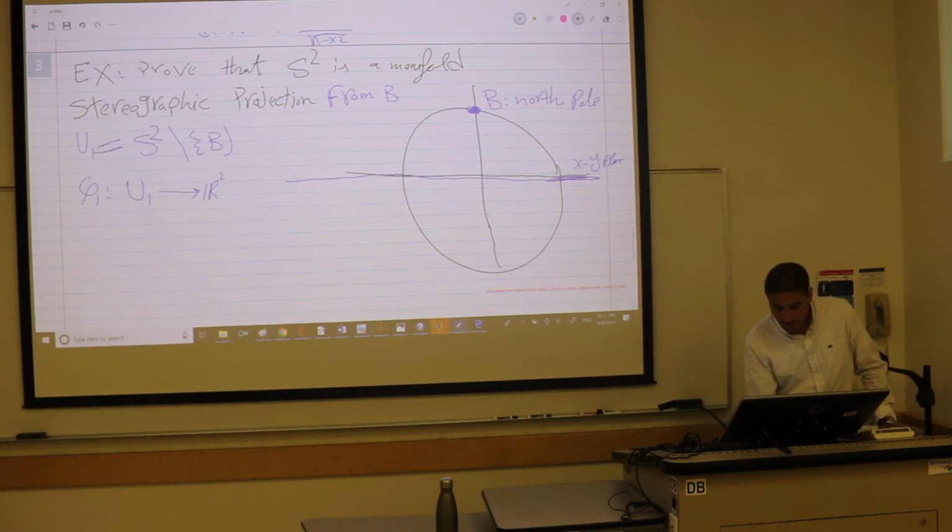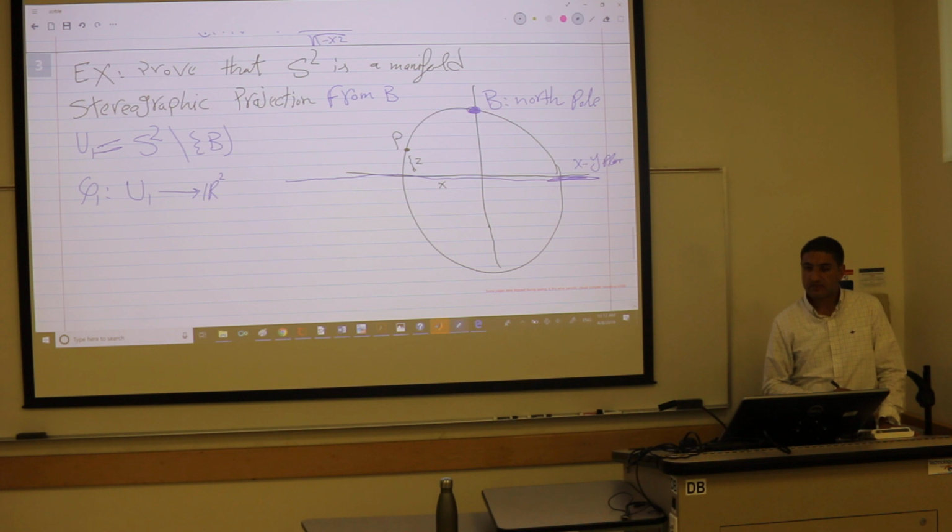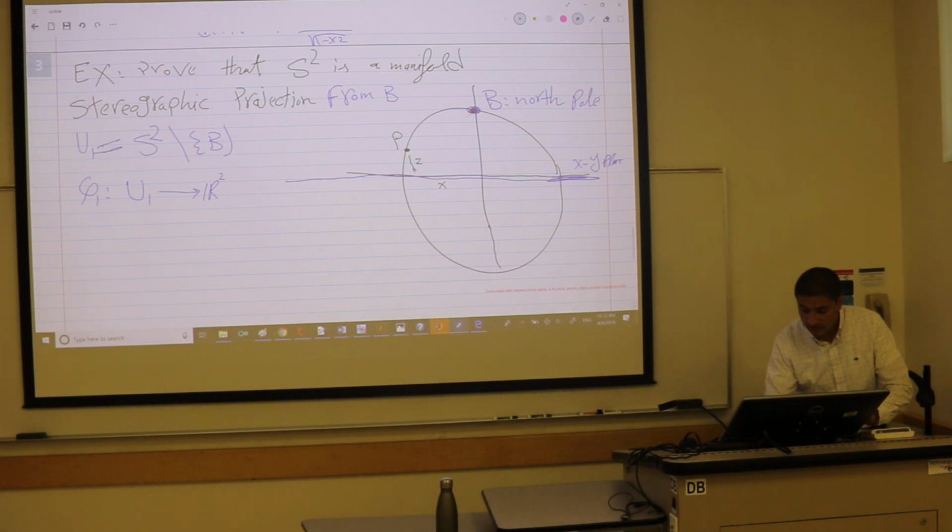So give me any point on the sphere, any point except the North Pole, like this point, for example, P. So if this is the X, for example, and this is the Z coordinate of it, right? You just connect a line from the North Pole through your point to the plane onto which you want to project.